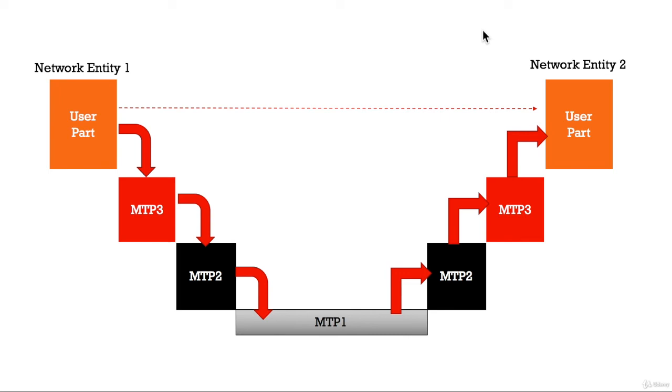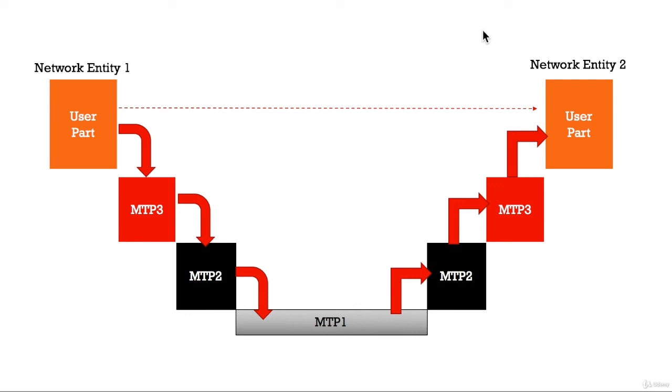Now the MTP3 layer is again concerned with the routing information about the packet. Here it will see that okay, this packet was intended for me only. Then it will send the packet to the user part. Now there are some network entities that act just as a relay from one entity to another.